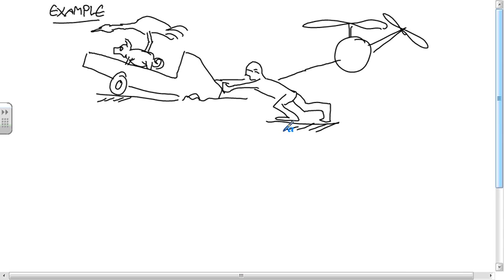Okay, so draw a free body diagram of the truck. And then draw a free body diagram of the pig.